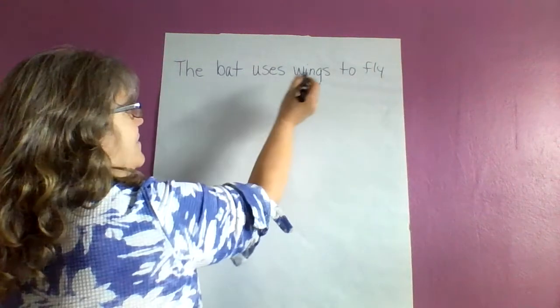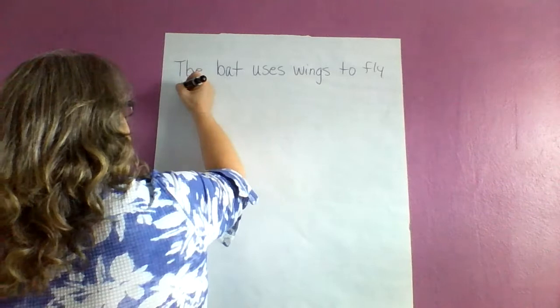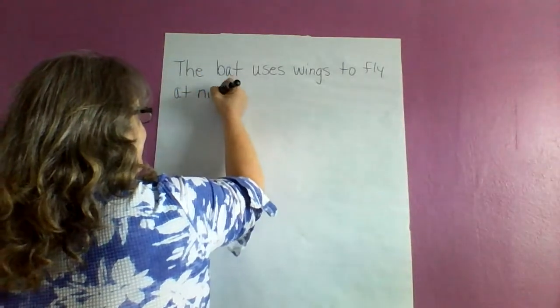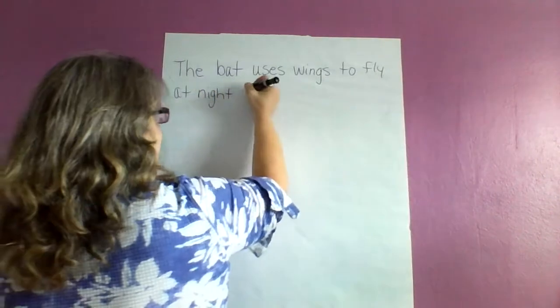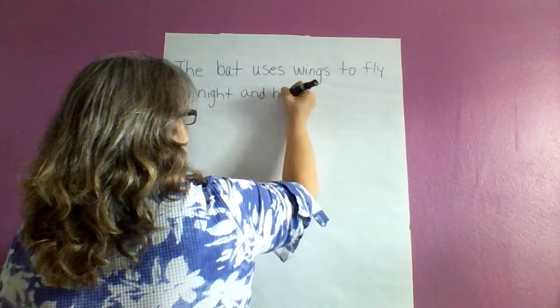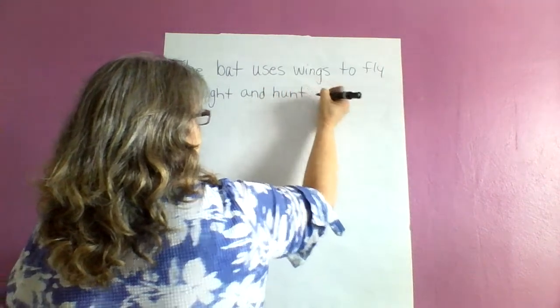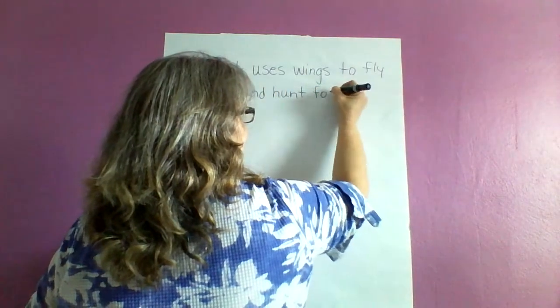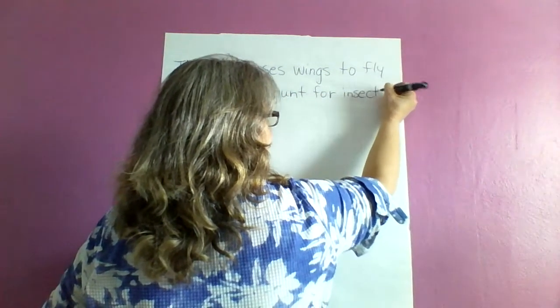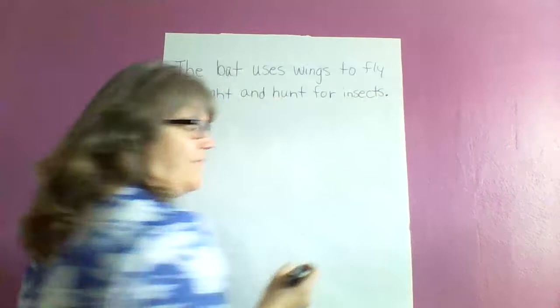The bat uses wings to fly at night and hunt. And I can even say for insects because that's what they eat.